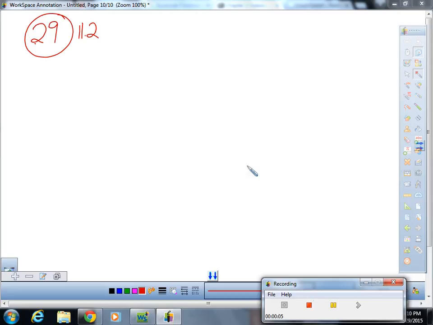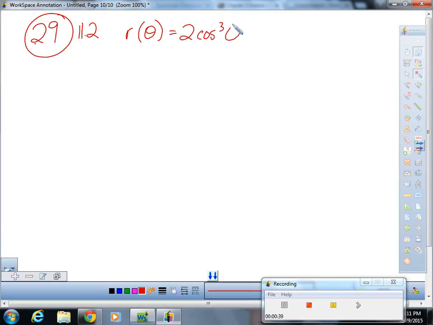All right, the function for our vector is r of theta equals 2 cosine cubed theta i plus 3 sine cubed theta j.